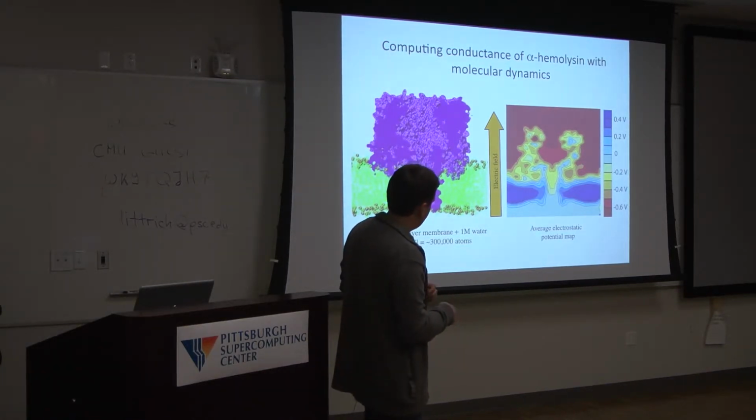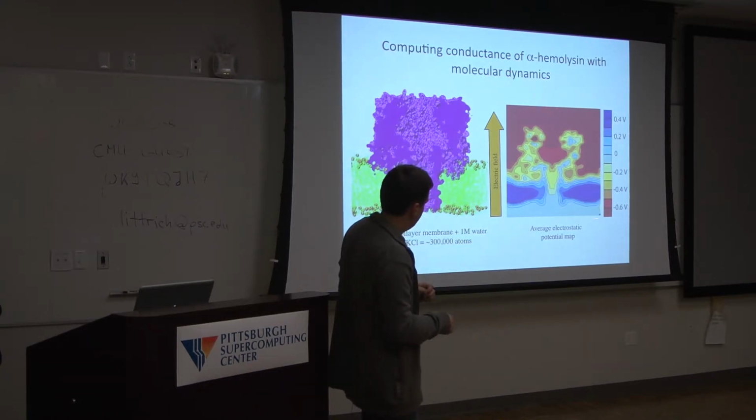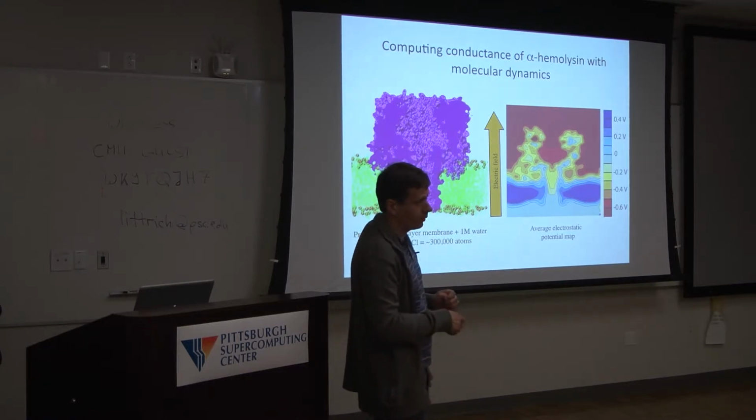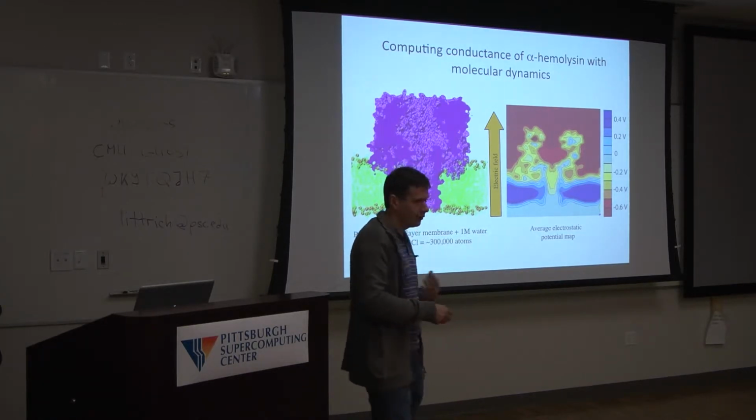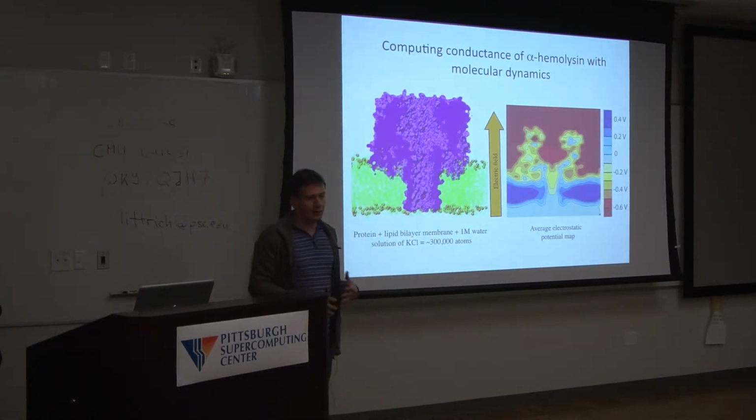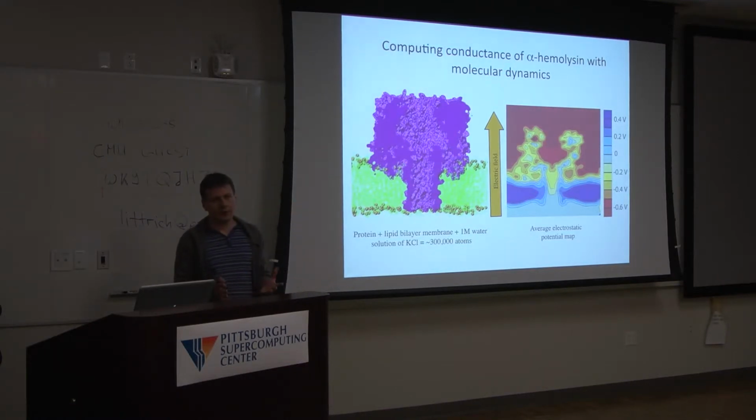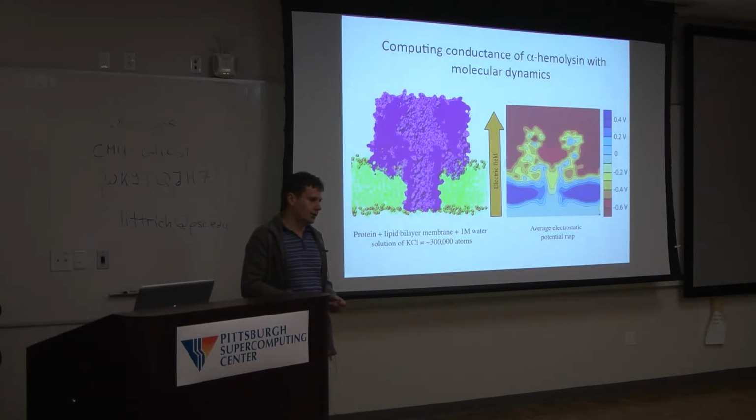Here it is. So you see it's uniform away from the pore, and there is a gradient of the electrostatic potential through the pore. That is the gradient that drives ionic current through. So in a way, you can think about it as imaging the electrostatic potential in your system by means of molecular dynamics simulation. And this is applicable not just to ionic current simulation, but basically to any simulation that you've ever run.